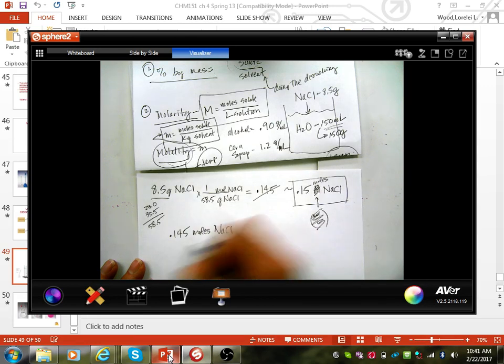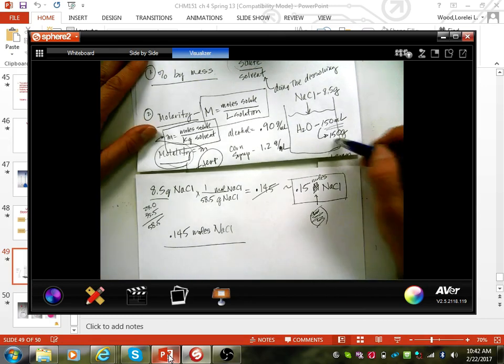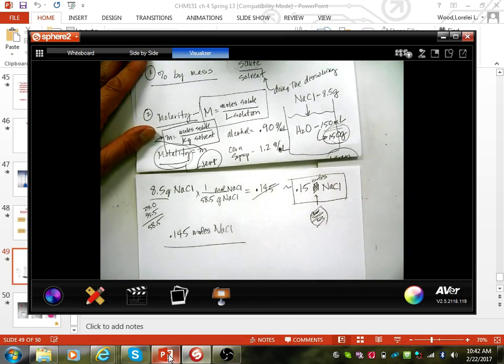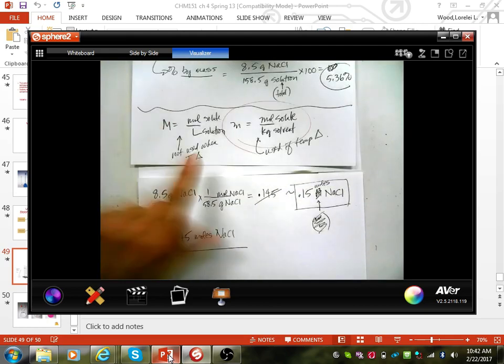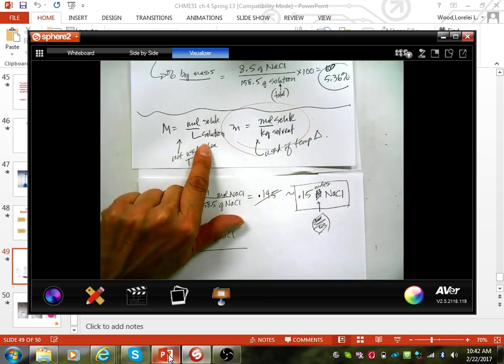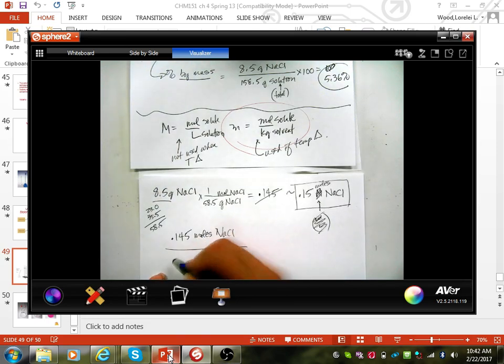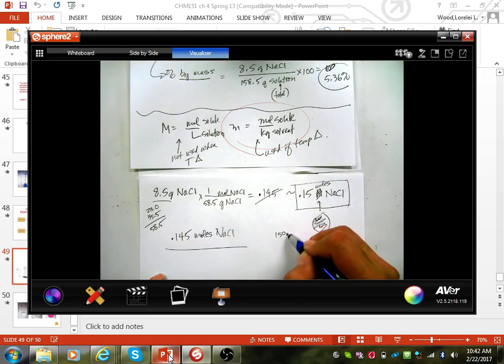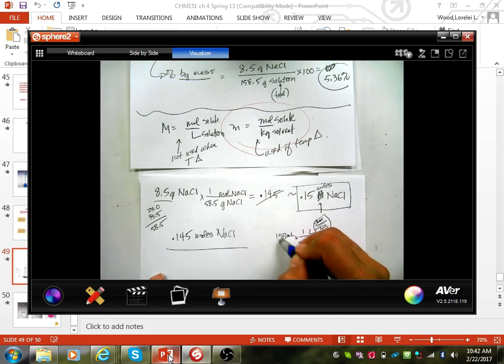And now what do I need to do to that? Divide by... remember the formula for molarity is moles of solute divided by liters of solution. So how many liters of solution did I have in my original salt solution? Okay, I had 150 milliliters, right? So I've got to change milliliters to liters. So in essence, I'm dividing by 1,000.